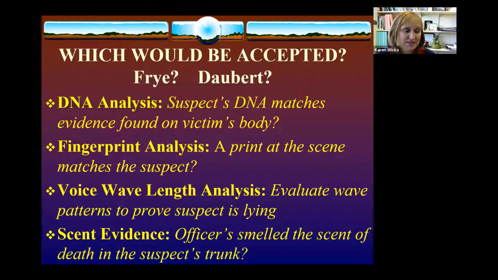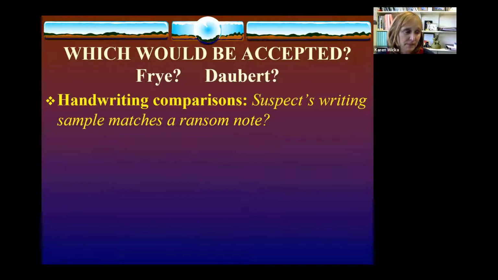Okay. What about scent evidence? Can they suck the scent out of a trunk and detect that it's decaying humans? Definitely not under Frye. Some cases have tried to do this, so some states have allowed it under Daubert, but this would not be generally accepted at this point. Handwriting comparisons, very suspect under Frye.